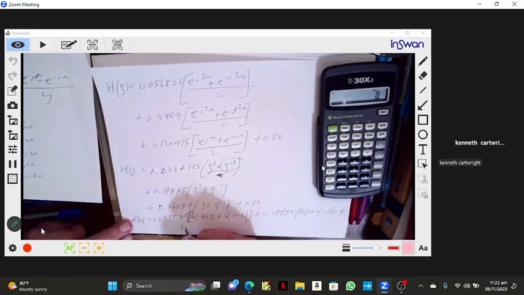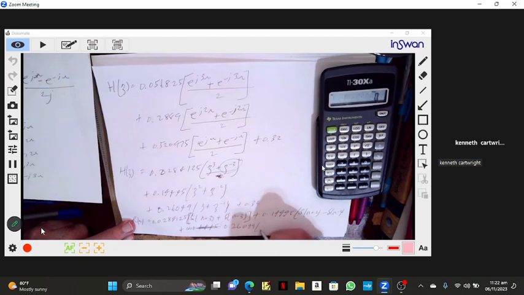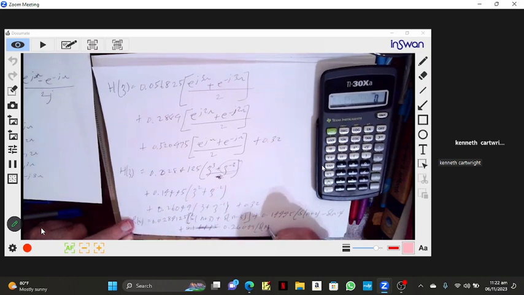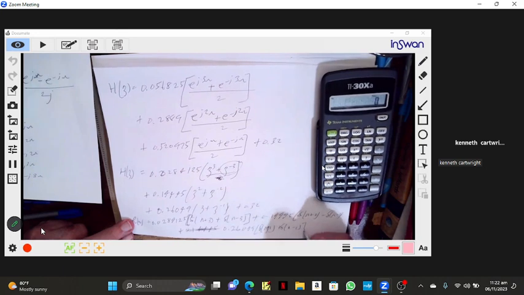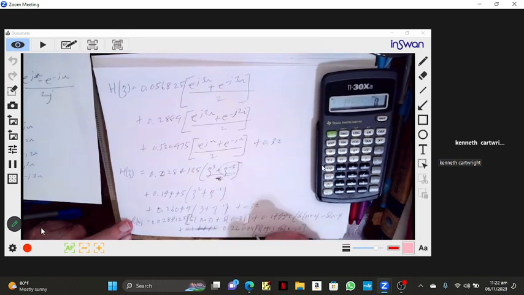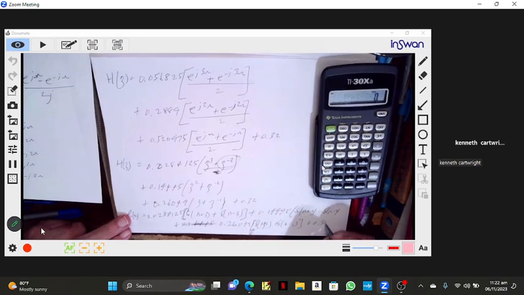And then it'd be plus 0.26049, delta of n plus 1 plus delta of n minus 1, plus 0.32 delta of n.